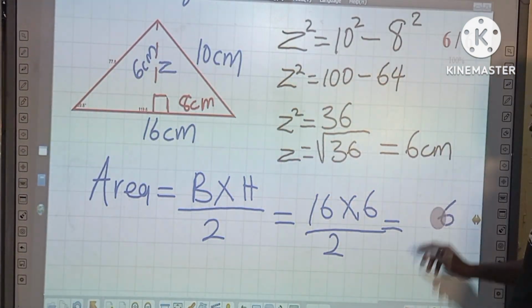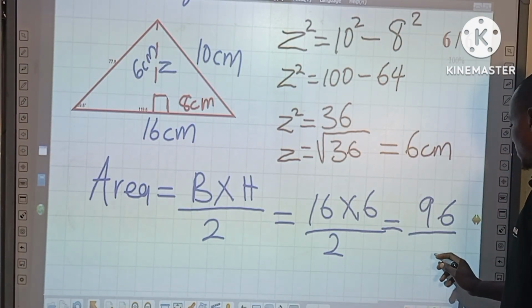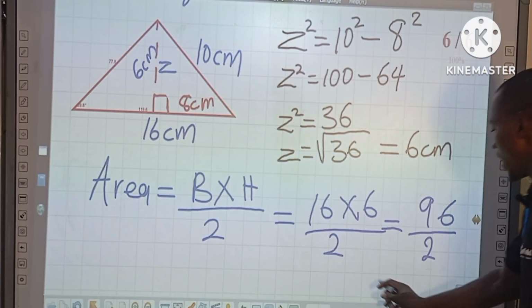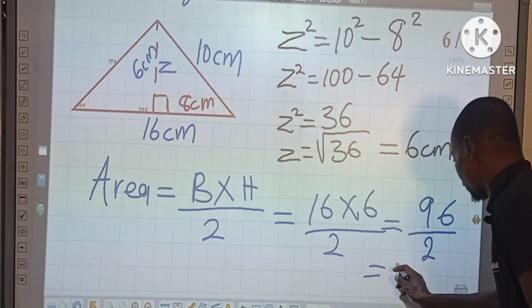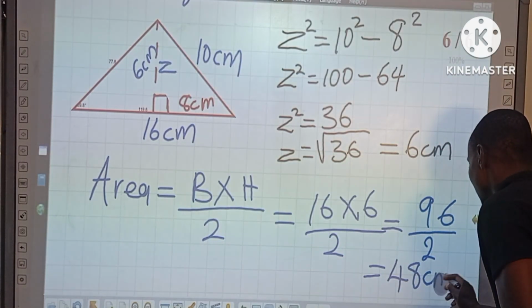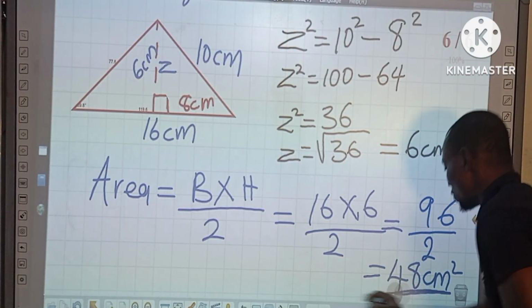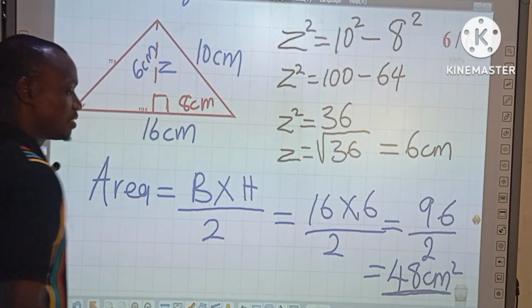So, I put down 6, carry what? 3. 6 times 1, 6, plus 3 I carry, 9. This gives me 96. 96 divided by 2, and my final answer will be equal to 48 centimeters squared. So the area of this triangle on the board is simply 48 centimeters squared.